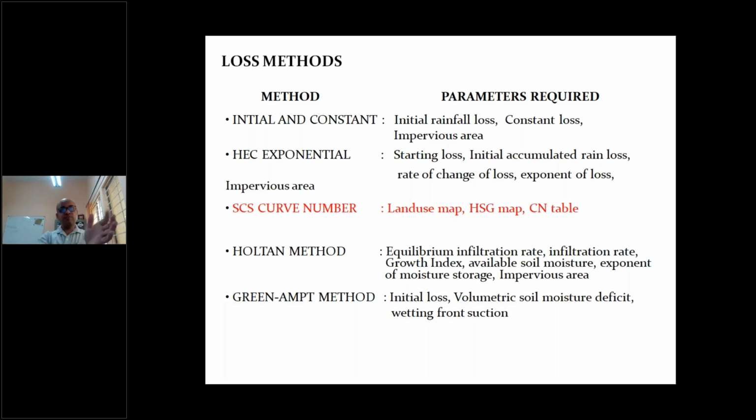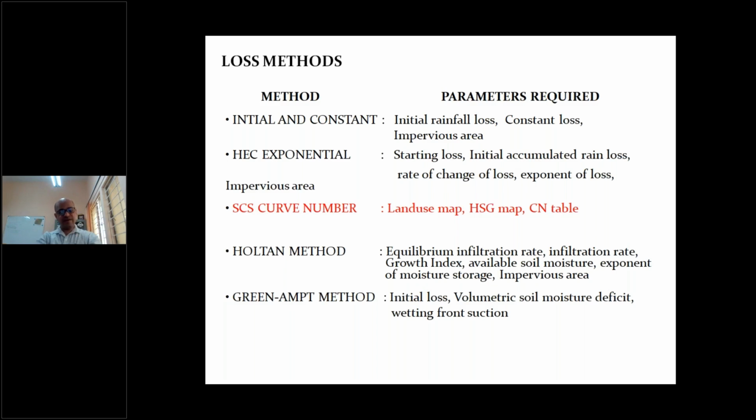Now the curve number method requires land use land cover, hydrological soil group, and a curve number table. So two of these can be geospatial inputs. Then there's Holtan's method, which requires equilibrium infiltration rate, which is a soil property, infiltration rate, growth index, available soil moisture, exponential soil moisture storage, and impervious area. So most of these are soil properties.